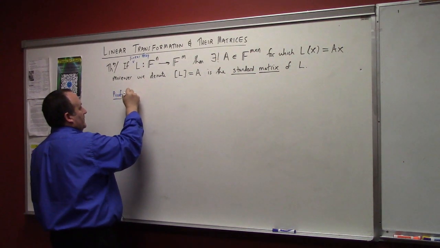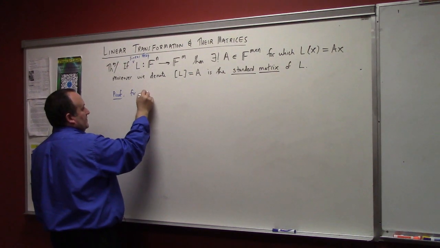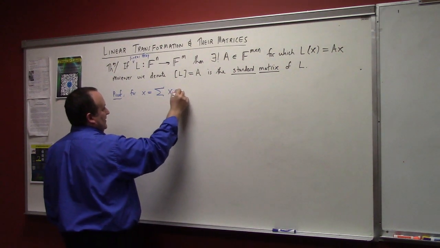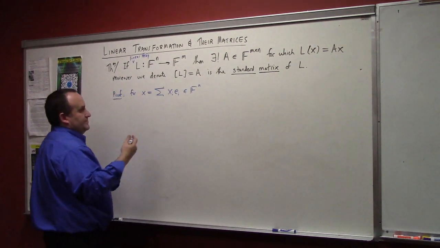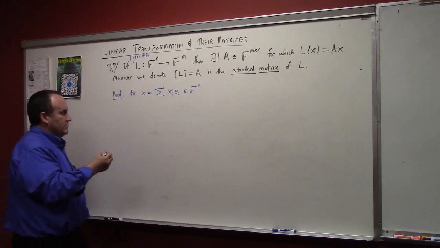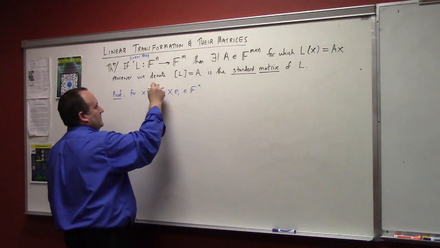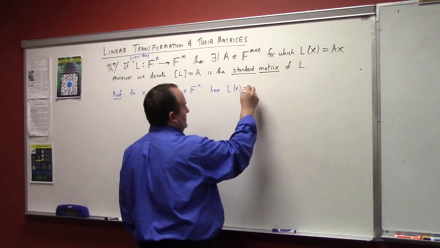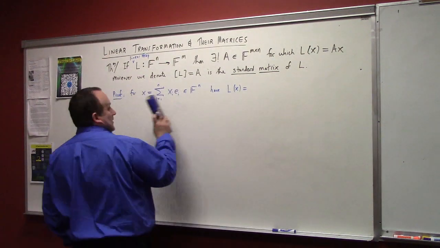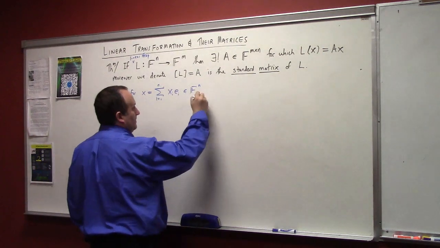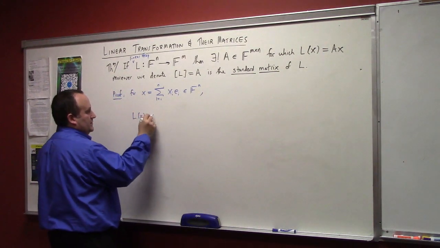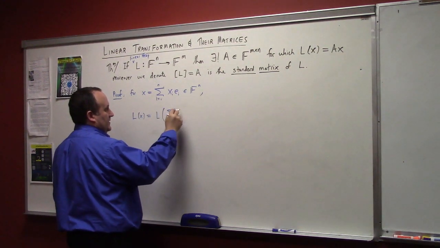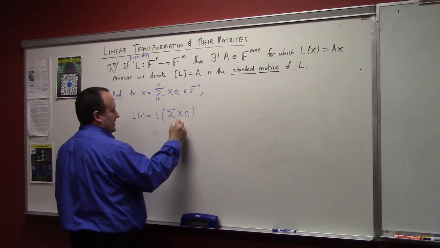We have for x, well, we can write x as the sum over i of x_i e_i, right? But that's the standard basis. Any column vector can be expressed as such, and then L(x) is going to be equal to L of the sum of x_i e_i, like that, right?